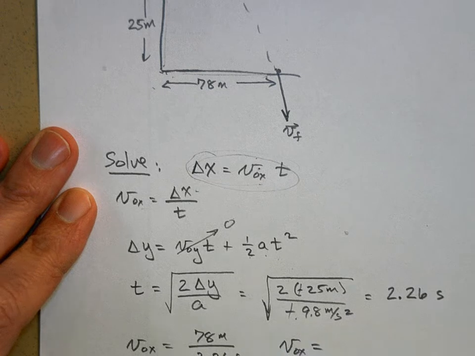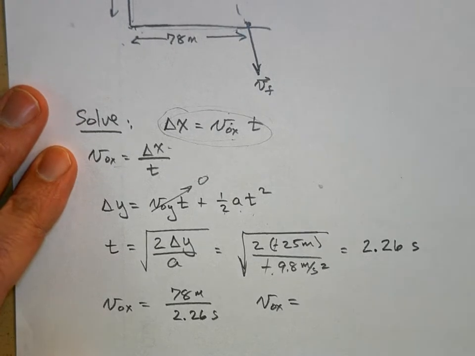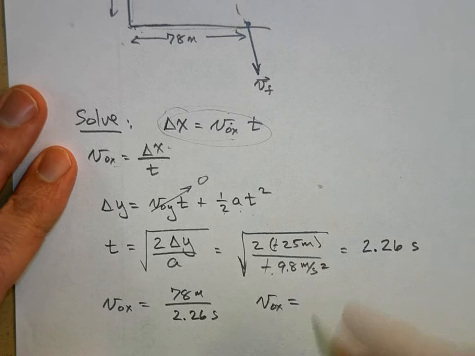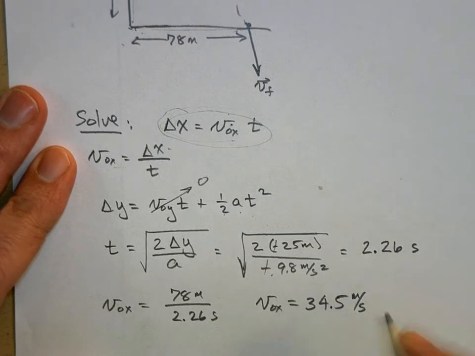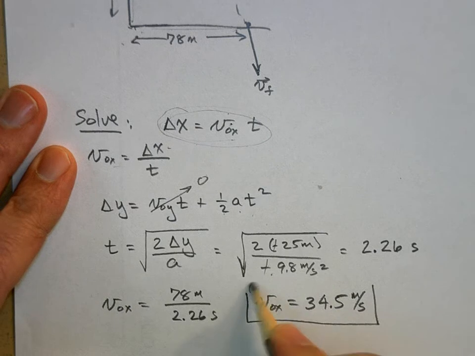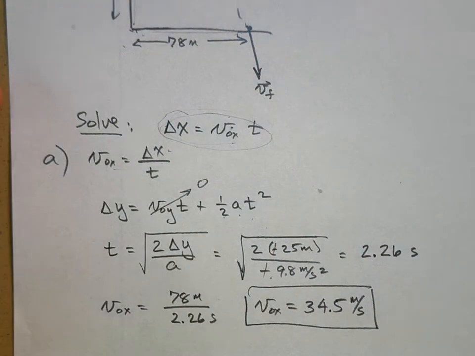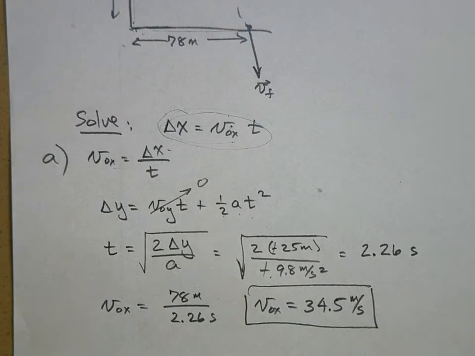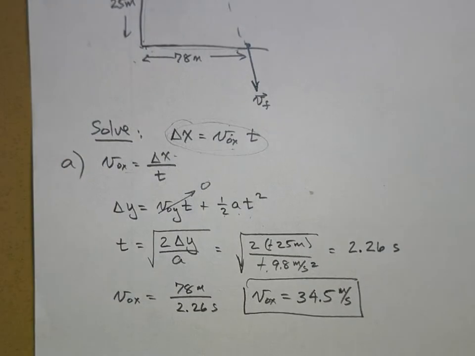So the initial velocity is, let's see, 78 divided by 2.26, 34.5. And that's part A. Any questions on that? Okay. Zoom out a little bit so I can fit it.